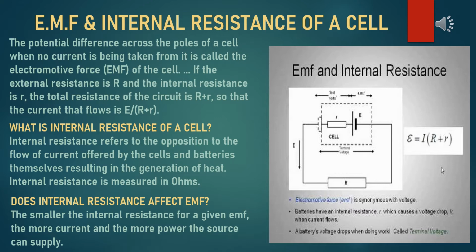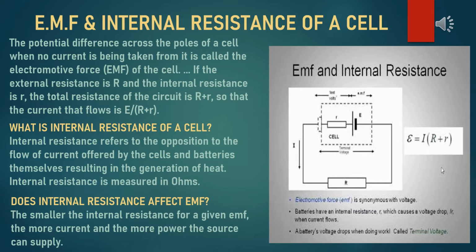See the diagram one time. In the circuit where the battery sign is there, that is E, the EMF, and there is also a resistance in the circuit, that is capital R. But within the battery, see the battery portion, they have drawn one battery portion, that is small r, so that is the internal resistance of the cell.